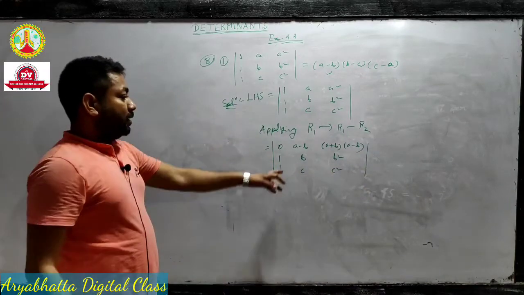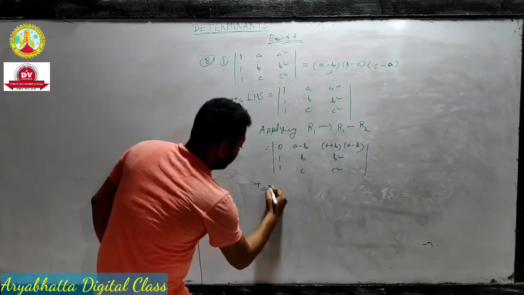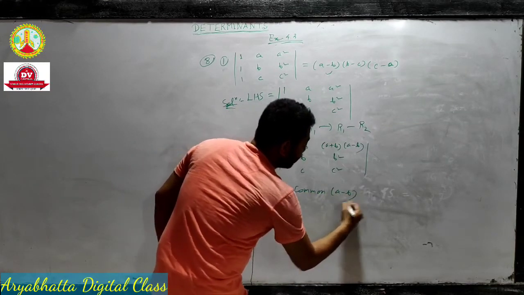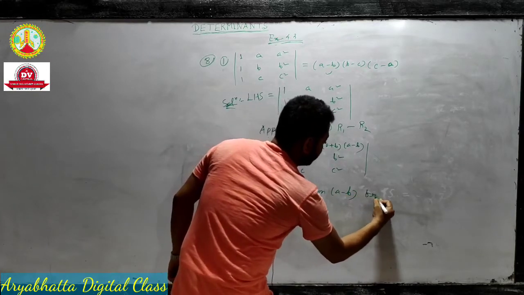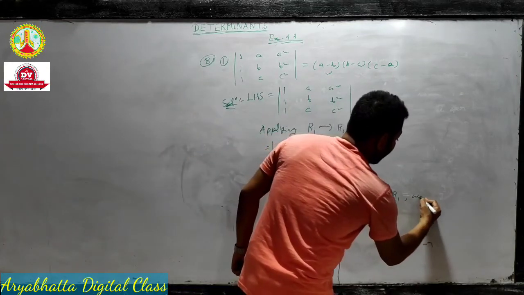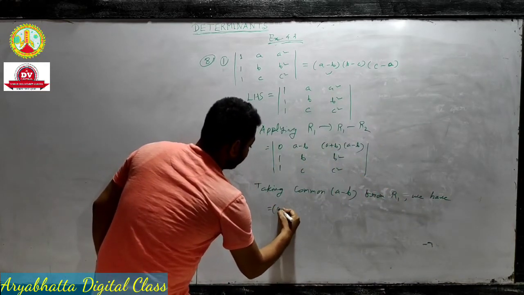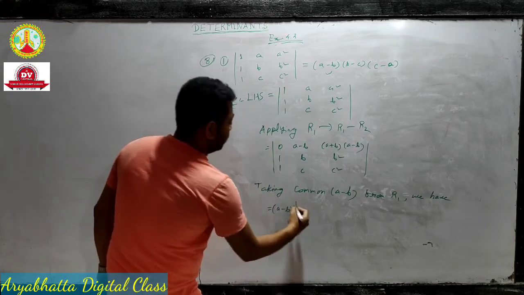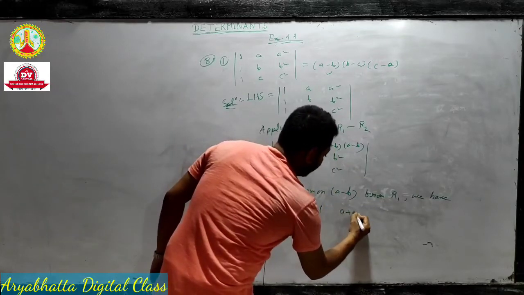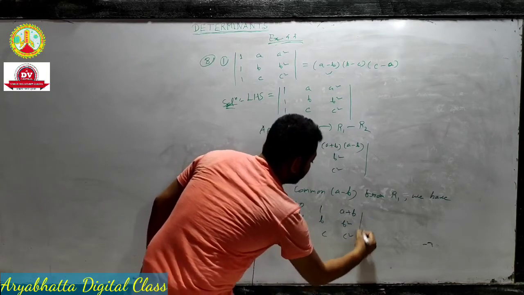Now taking common a minus b from R1, we have 0, 1, a plus b, 1, b, b square, 1, c, c square.